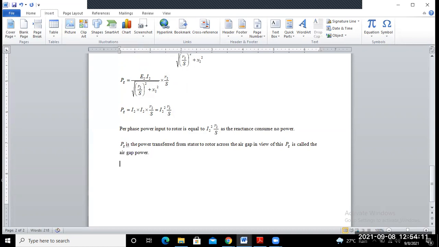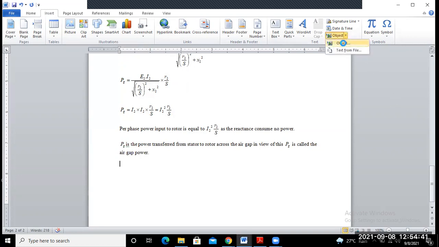Okay. So PG equals I2 square R2 by S can be simplified in such a manner that we can find another part of the power: some part of the power is lost as the rotor ohmic loss, and the remainder is developed as mechanical power in the rotor part. So PG can be simplified.